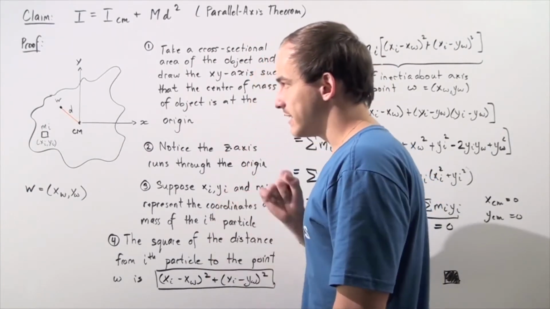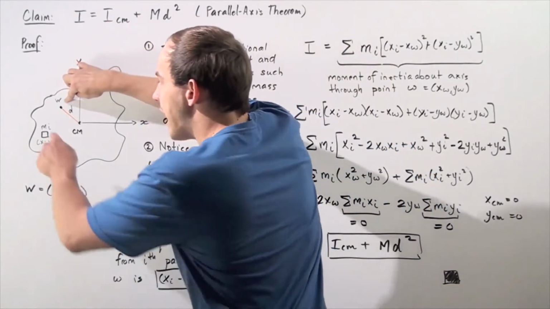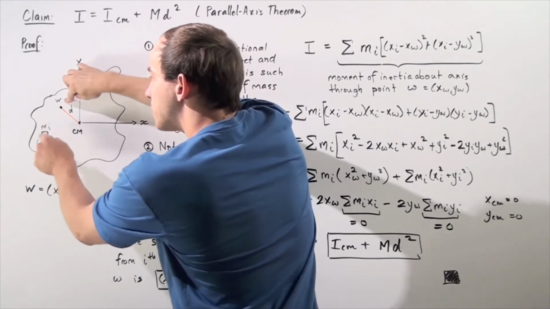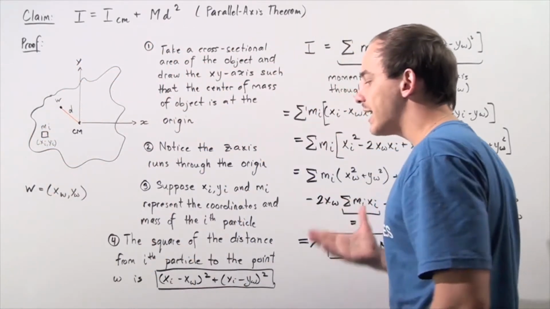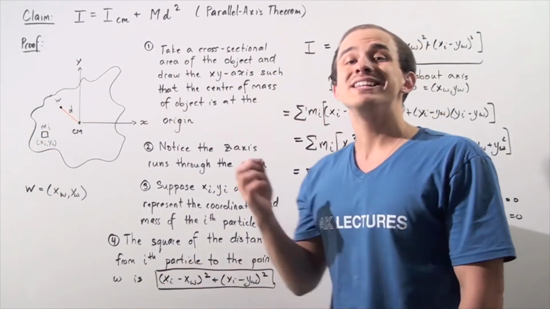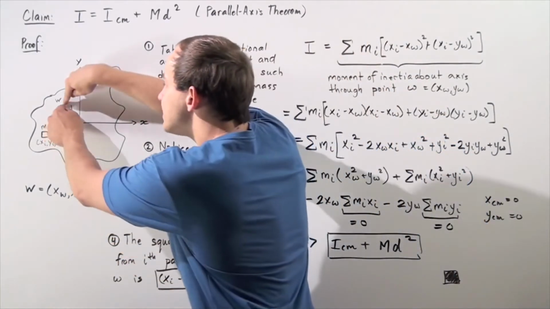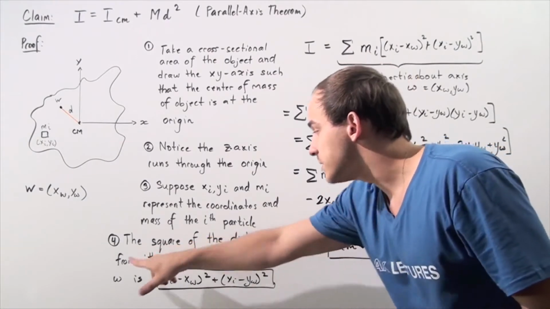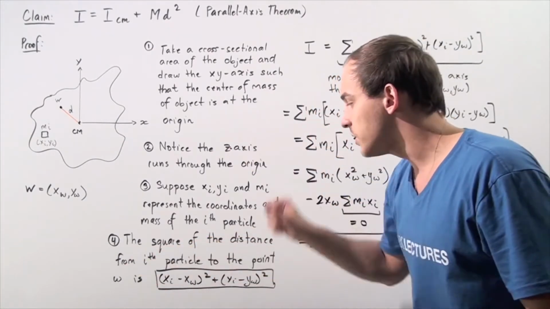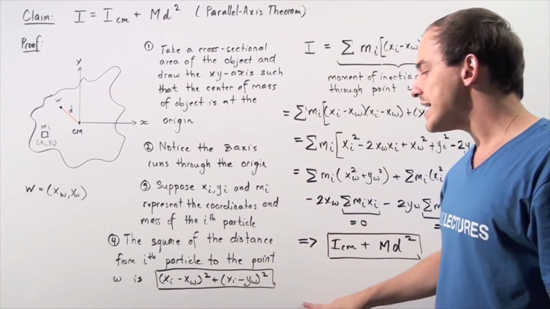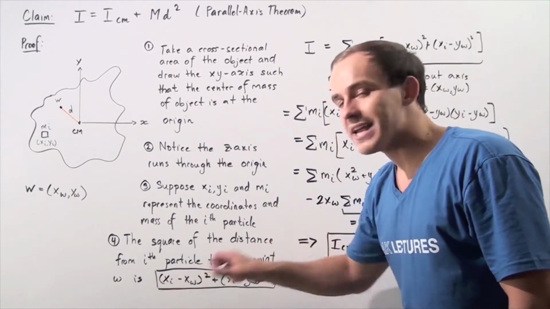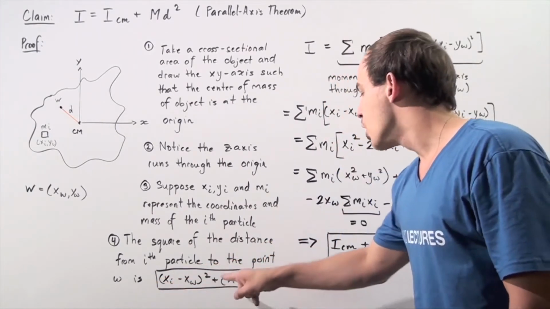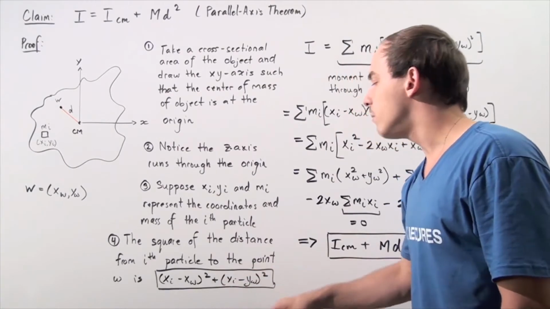Now the distance between W and this square particle is given by our distance formula. So the square of the distance from the ith particle to the point W is given by this equation: xi minus xw squared plus yi minus yw squared.